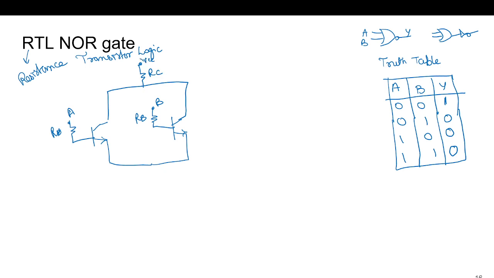So we have connected both BJTs with A input and B input in parallel.